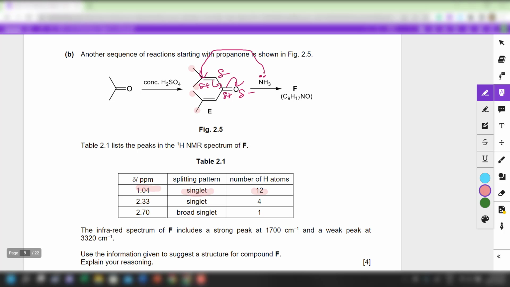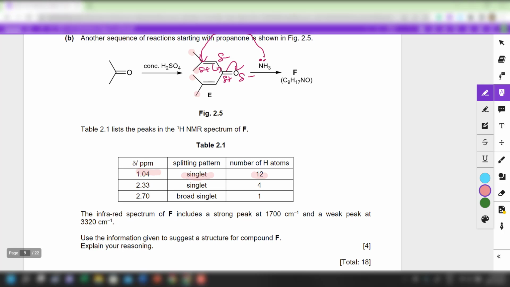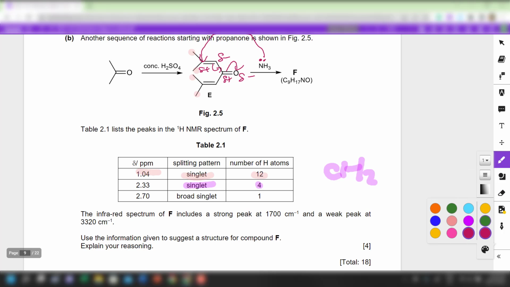Then the next clue we can look at is 2.33, which is a singlet, with 4 protons. Four protons is usually quite tough, because you can't have a carbon bonded to 4 hydrogens besides methane. Therefore, given that it's a singlet, this is likely to be a CH2 next to groups that are not able to split the protons.